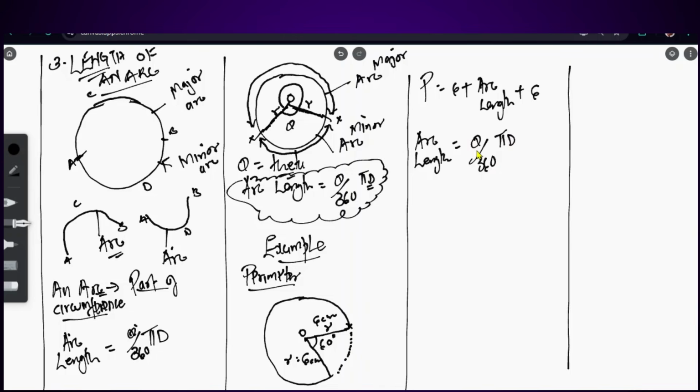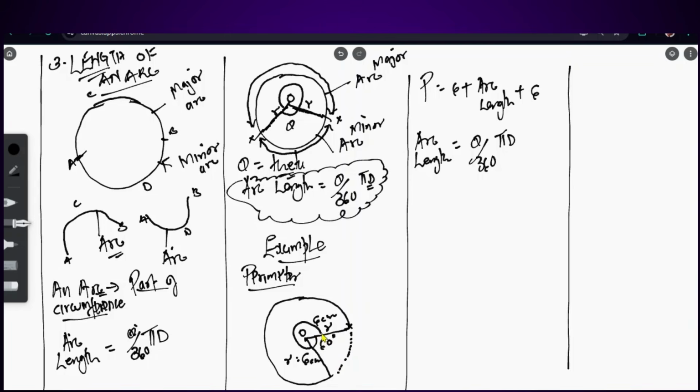Then I ask myself, what is the angle that this major arc extends at the center? Now this 60 is for this smaller one. So I need to get the angle all around, because this is outside here. It is not the angle that we are having here. This angle is for the part that has been removed.